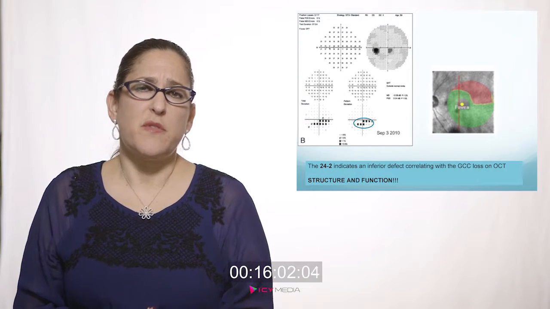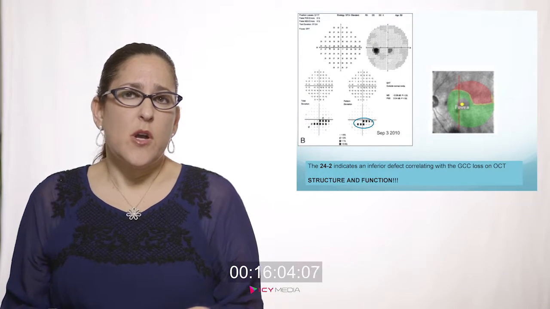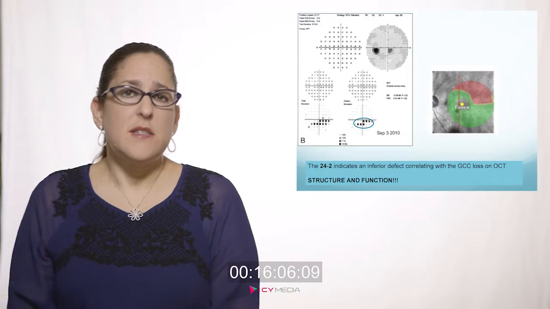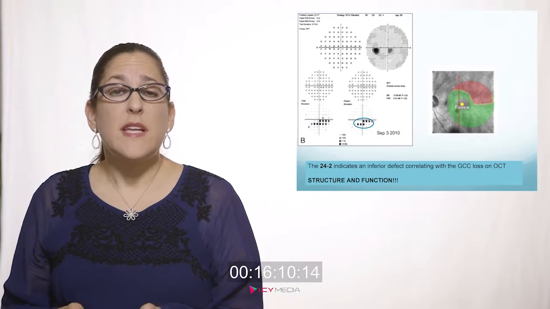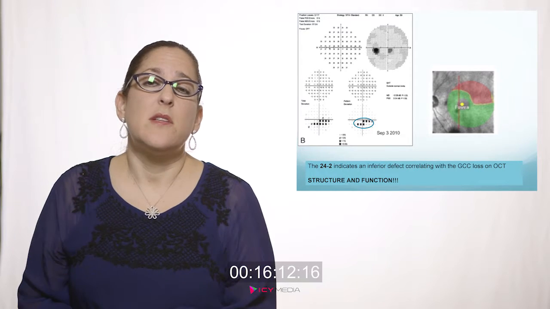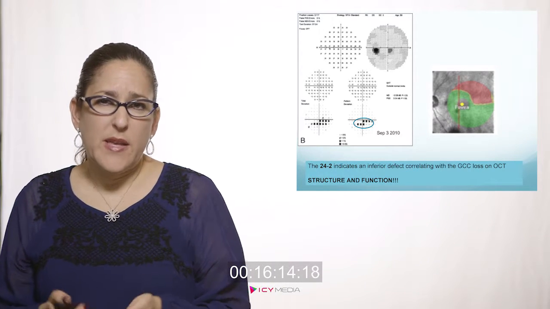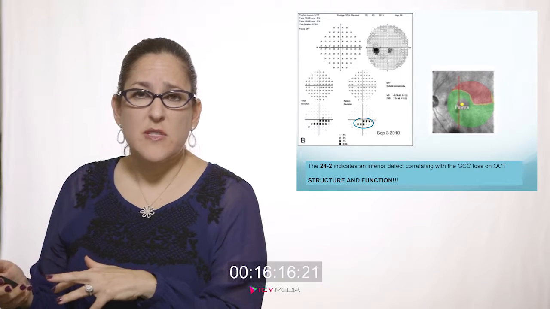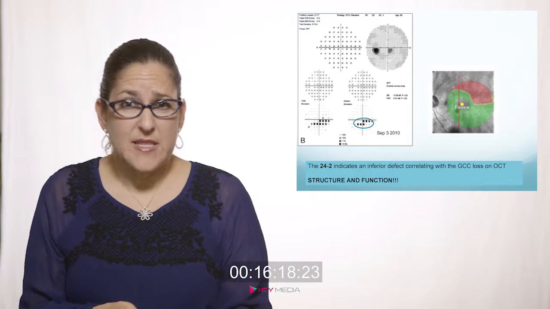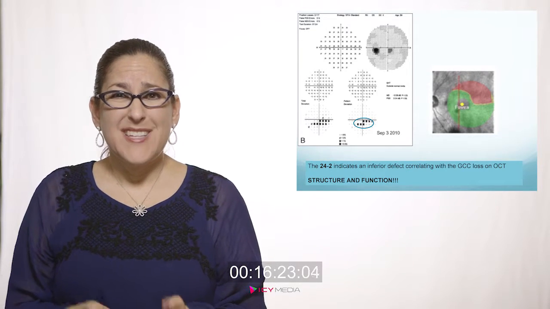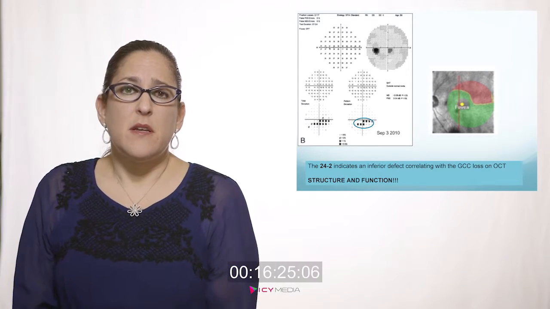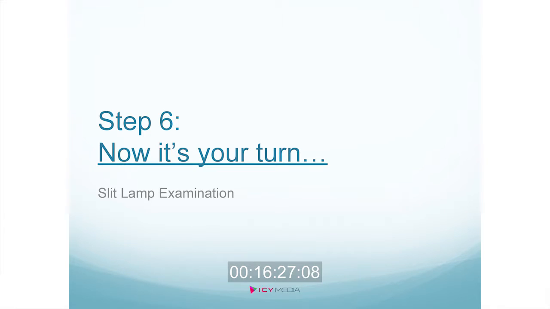Here's the patient's visual field. And essentially, what can we see? That the patient does have an inferior defect that correlates perfectly with that ganglion cell loss superior. So now we can see that this patient has a structural defect and a functional defect. And this might actually be somebody that you want to be more aggressive with because they already are showing evidence of functional change.